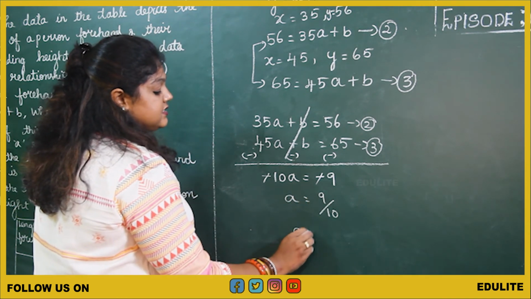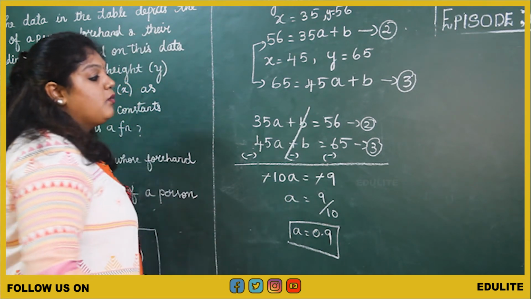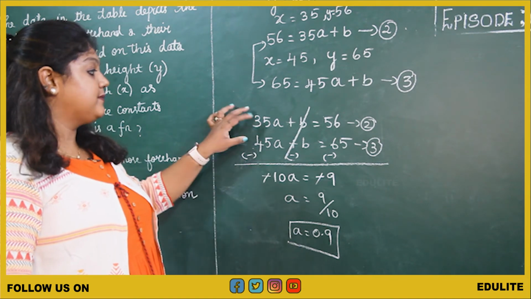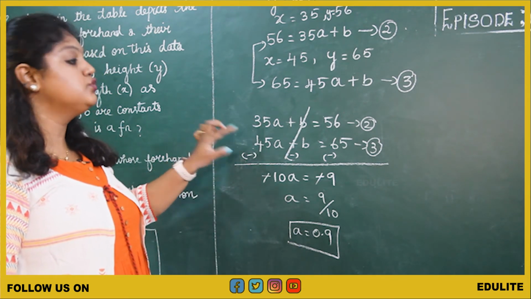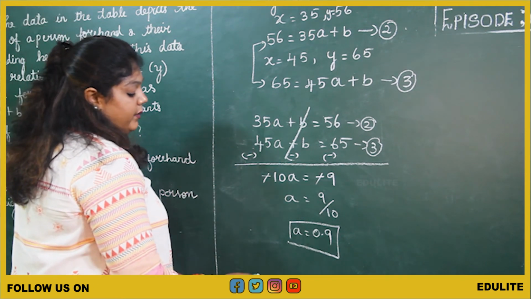9 by 10 in decimals can be written as 0.9. Now we will substitute this value of a, 0.9, in any one of these two equations to find the value of b. Let me take the second equation.